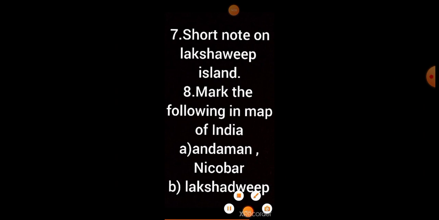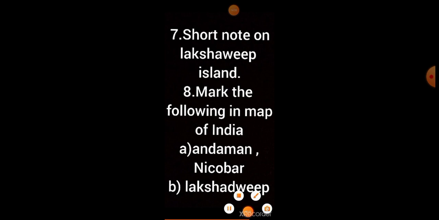Then one 2-mark question. The 7th question is a 2-mark question: short note on Lakshadweep Island. It is a small group of coral islands. It is located off the west coast of India. The area is 32 square kilometer.